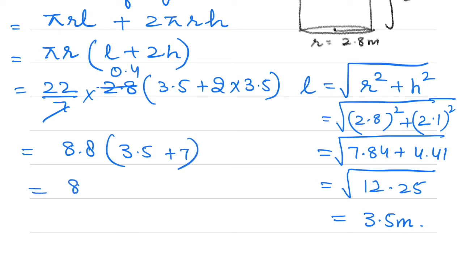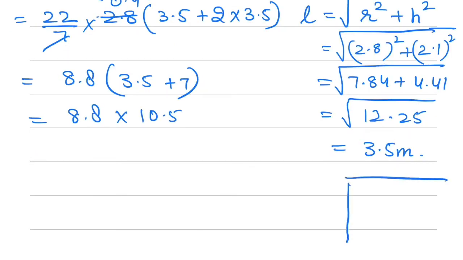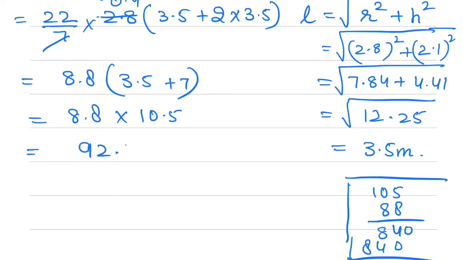This is equal to 8.8 into 10.5. Little bit of rough work here. So 105 into 88, and this is 840 and 840. So this would be equal to 92.4 meter square. So this is the area of the canvas required for one tent.